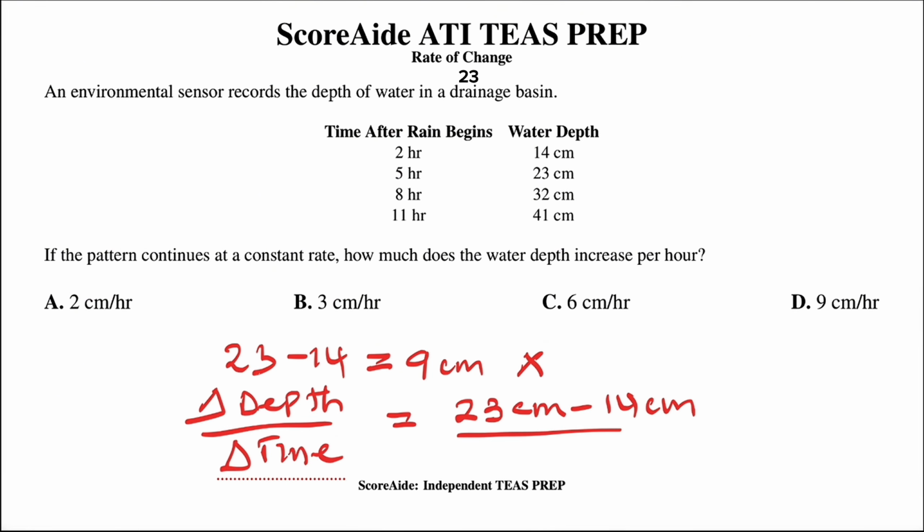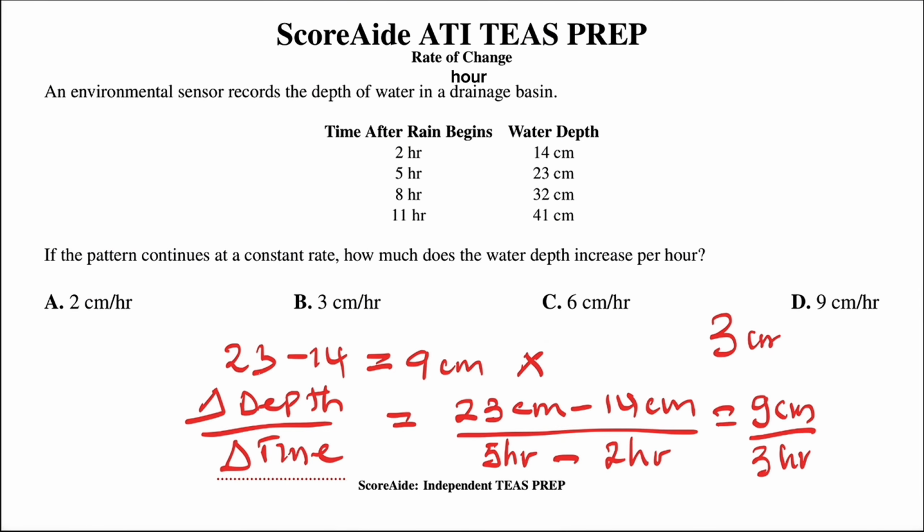All these 23 correspond to 5 hours, minus 14 corresponds to 2 hours. So this is going to give us 9 centimeters over 3 hours. This is going to give us a 3 centimeter per hour rate.